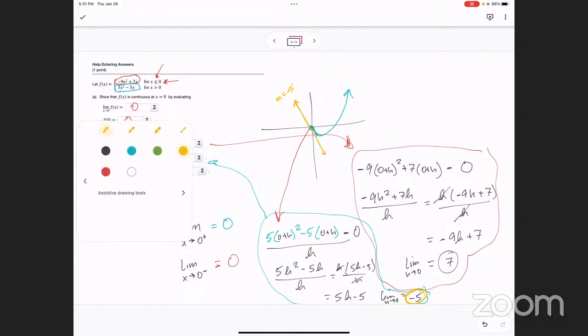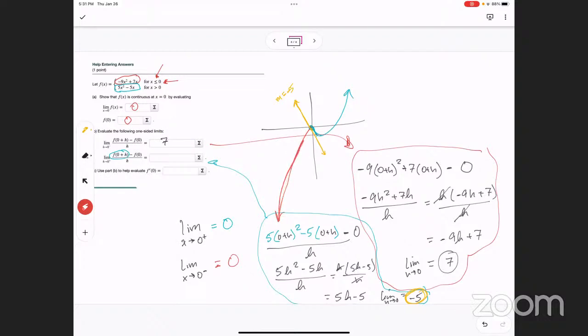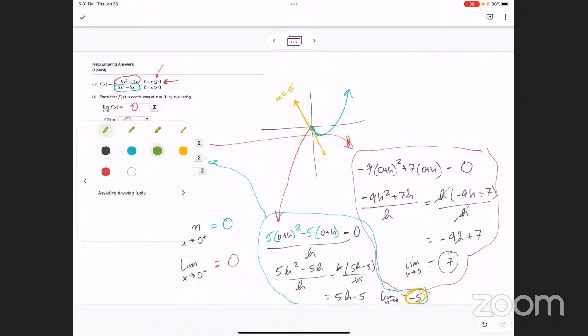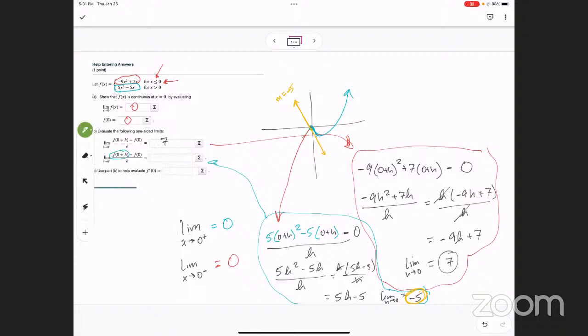Whereas this one right here, remember how it went through and then came down like that? We cut it off right here. Well, if I put a tangent line here, what does the slope of that one look like? That one is 7, right? That slope is a positive slope.